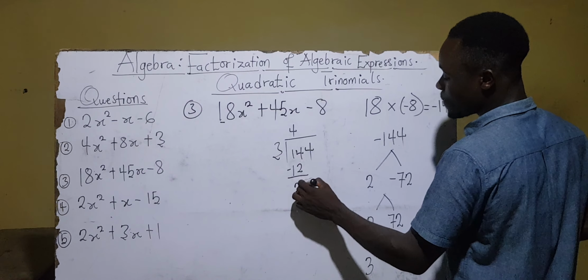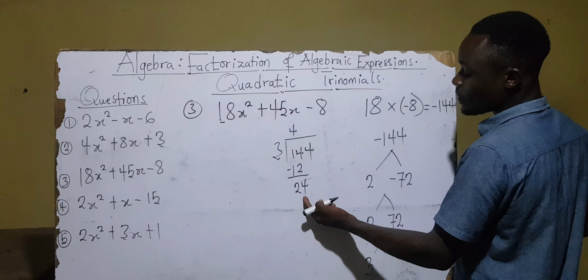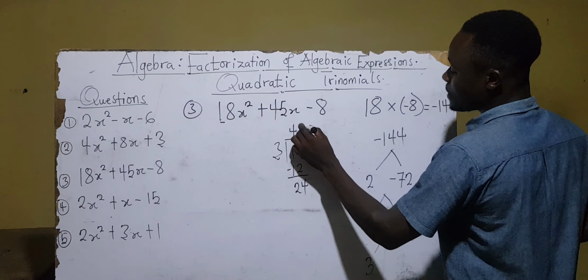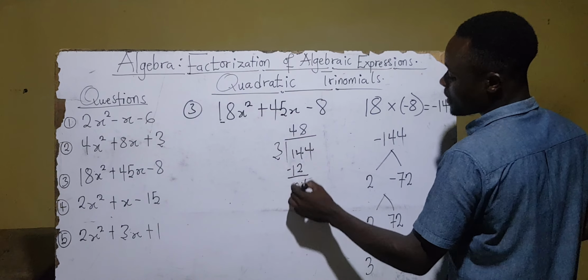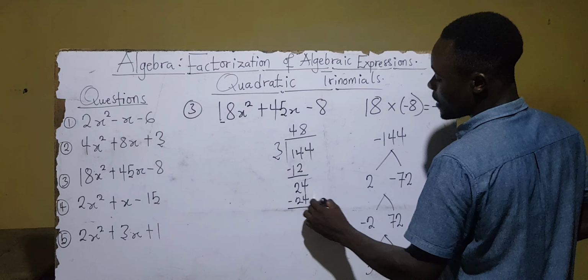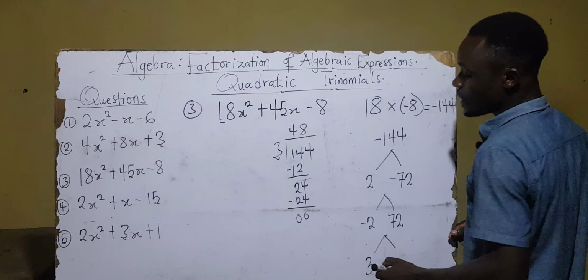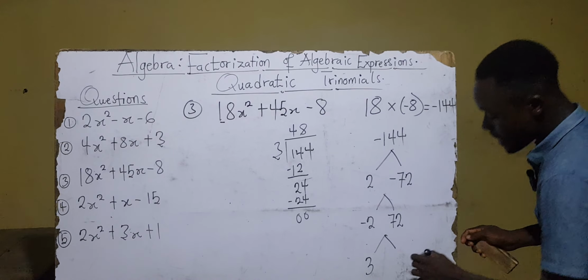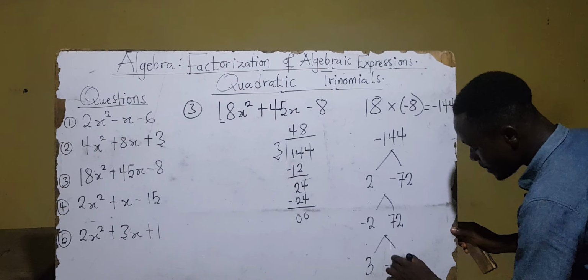I will bring down the 4 to it. Then 3 goes into 24 how many times? 6 times? No, it is 8 times. So 8 times 3 gives me 24, a remainder of 0. So that means that 3 goes into 144 48 times. So with the factors, I can have positive 3 and negative 48.